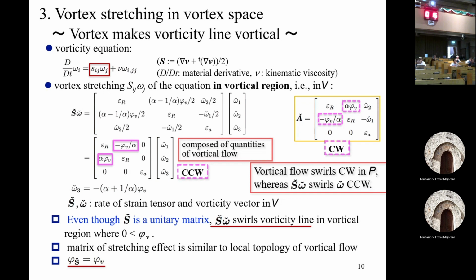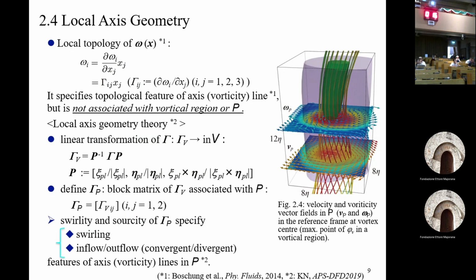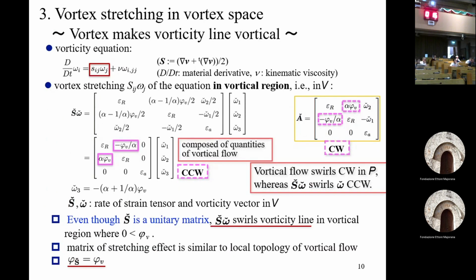And it is also interesting that the swirling feature of the velocity gradient tensor and the swirling feature of the vortex stretching are just the same. They have the same value of the swirlity. However, the velocity gradient tensor rotates the flow clockwise, whereas vortex stretching swirls the vorticity vector counterclockwise in the vortical region.